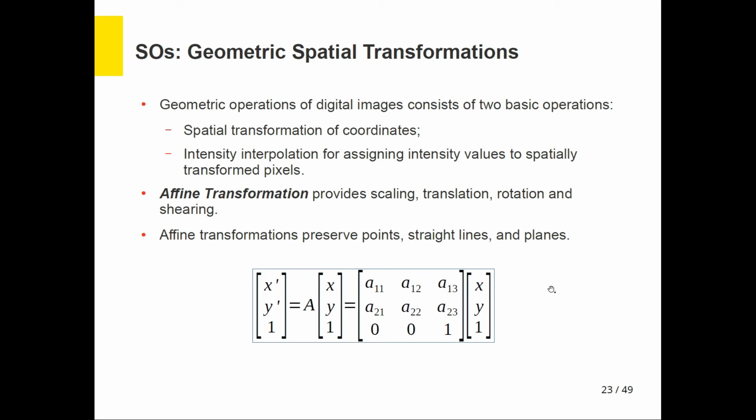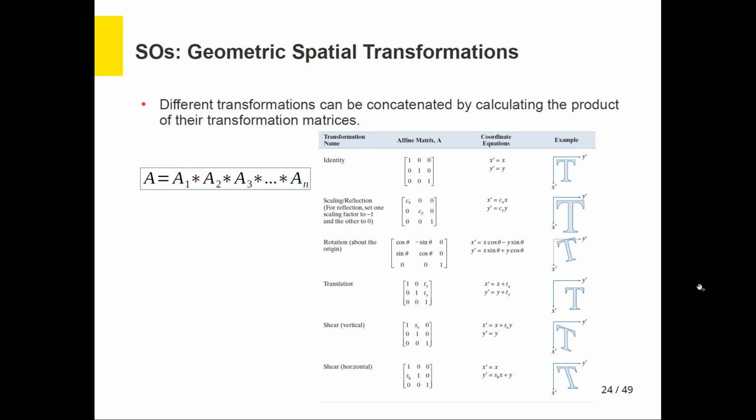But to be able to contain everything in one single equation, we use this homogeneous coordinate system that gives us this capability. One of the very useful properties of affine transformation is that we can concatenate different transformations by calculating the product of their transformation matrices. So it can have a form like this.